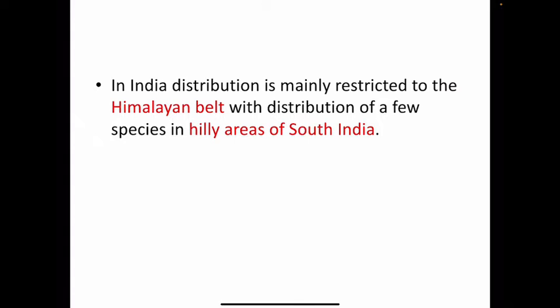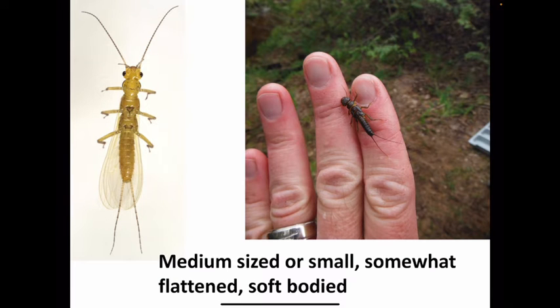If we see the distribution of Indian species, they are mainly restricted to Himalayan belts and the hilly areas of southern India.